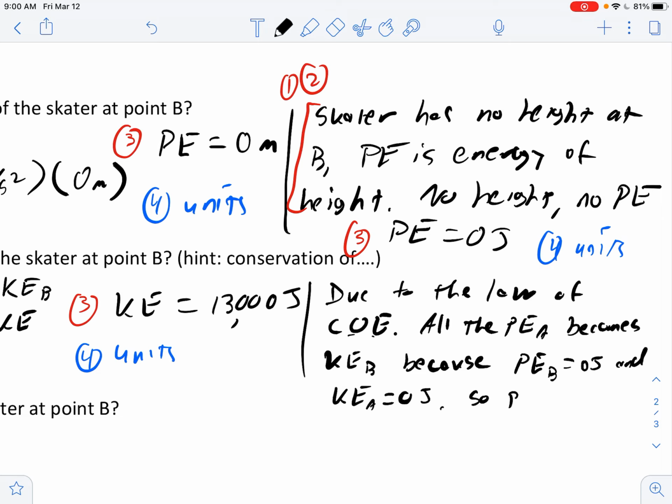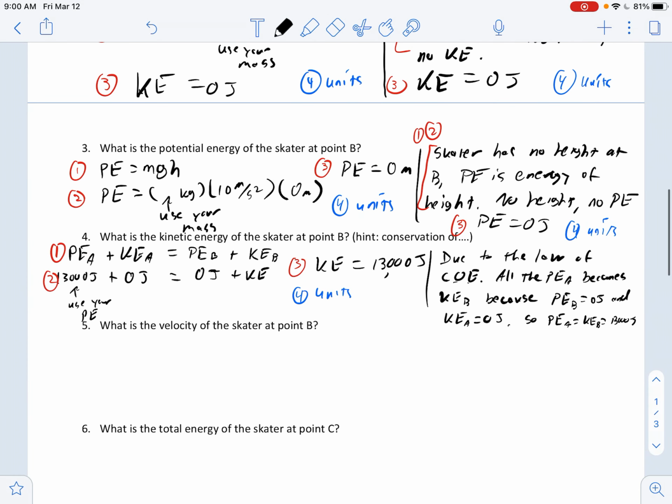So the potential energy at A is the kinetic energy at B, and that's that 13,000 joules. Sorry, running out of space here. Get that little J in there. So that's one way you could justify it. Explain your reasoning.